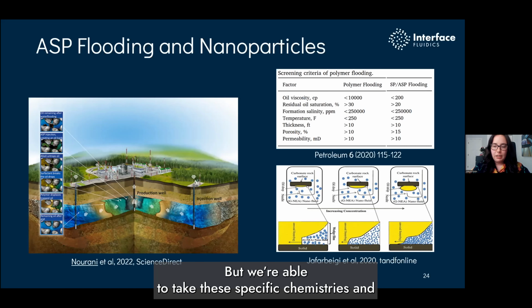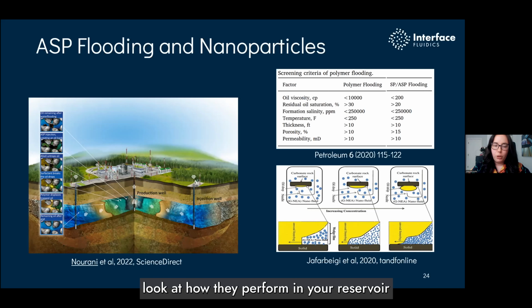We're able to take these specific chemistries and look at how they perform in your reservoir with your reservoir fluids, and determine any improvement or potential reservoir damage that they may cause in a representative space.